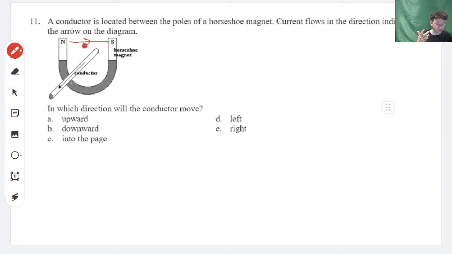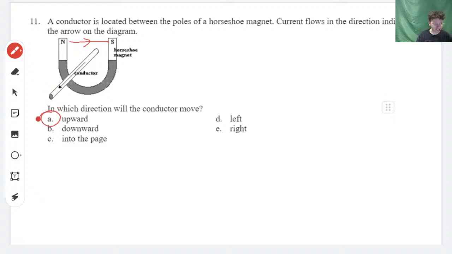So that's the motion of positive charges. That's not what's actually happening, but it's a convention we use. So right-hand rule, index finger in the direction of, oh, this is going to be hard, in the direction of, in this case, to the right. And then your thumb is going to be the motion of the current. So that's coming out of the screen. So again, our middle finger is pointing up. We're going to have a force that is upwards on the conductor.